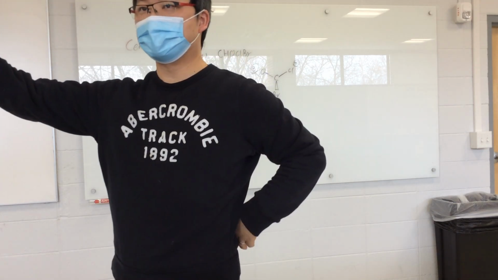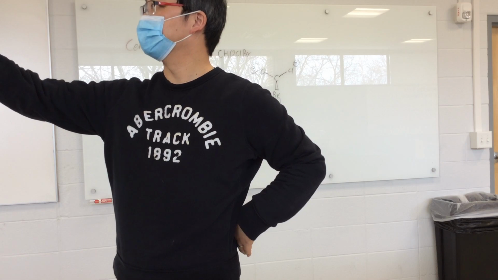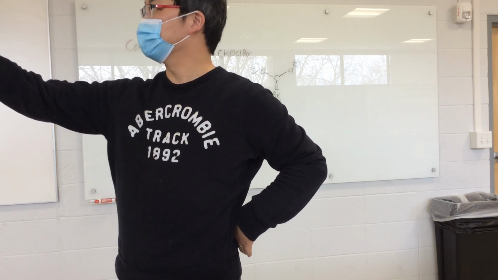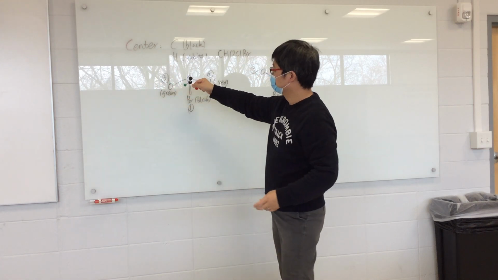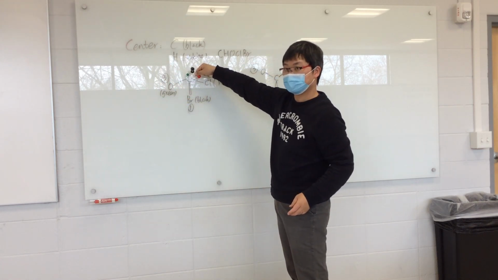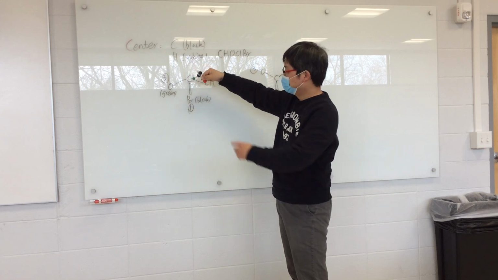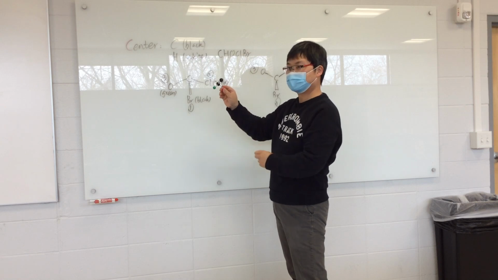So can you get this one? So this is outer plane. This is outer plane. This bromine is outer plane.